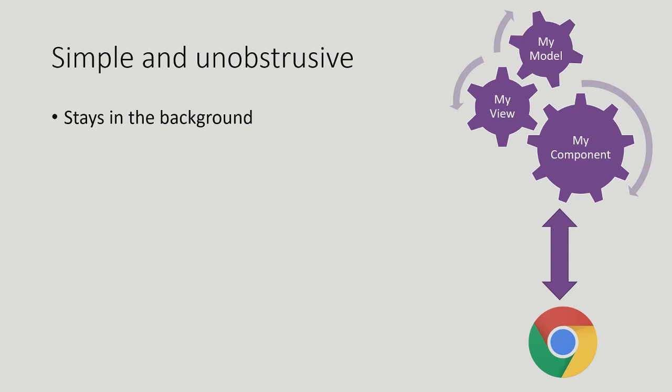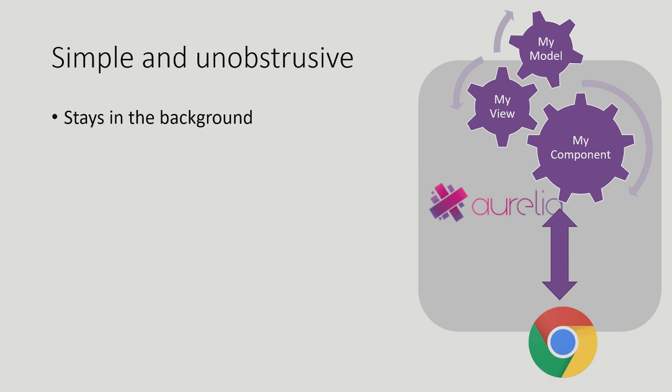How Aurelia does it is it just works in the background. You don't need to change your code to make it fit into the framework, but you build it with conventions that Aurelia allows you to use and also customize if you need.